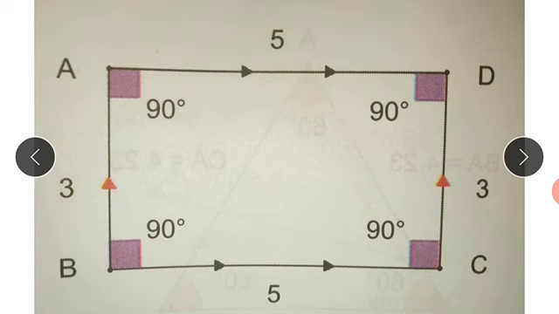As you can see, this is what we call rectangle ABCD. Each angle is 90 degrees. And if we add all the interior angles of this rectangle, the sum is 360 degrees.